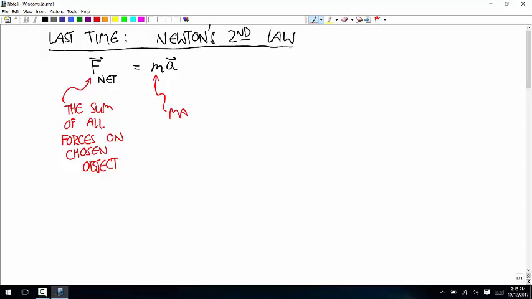M is the mass of the chosen object. And A is the acceleration of the chosen object.